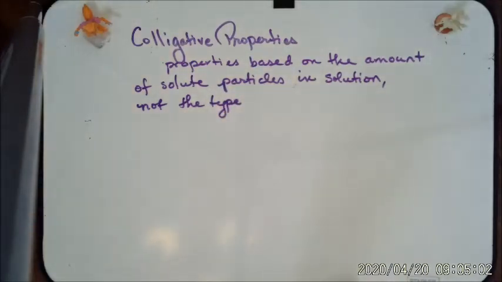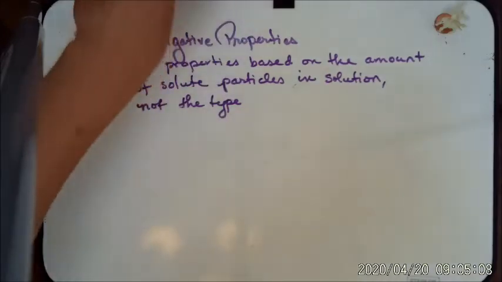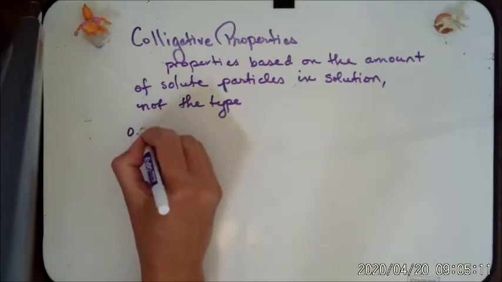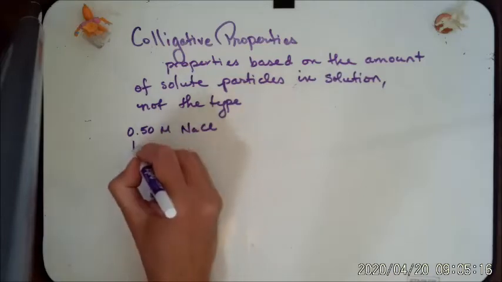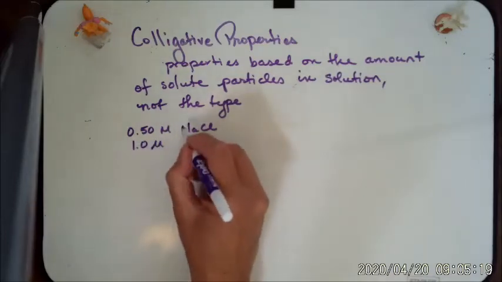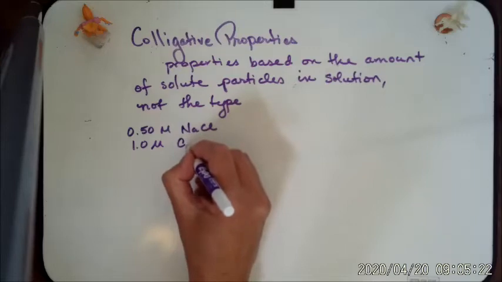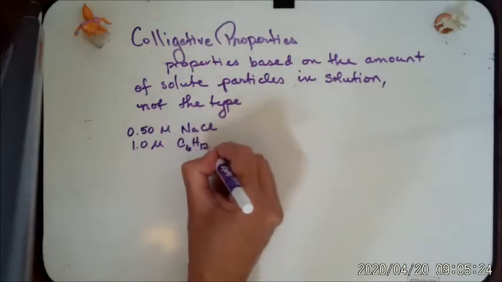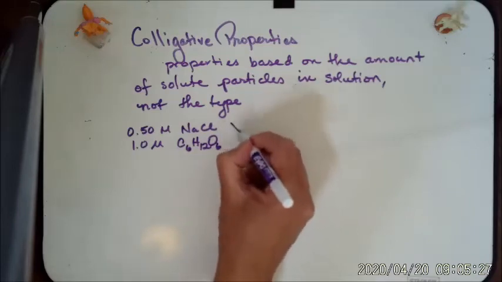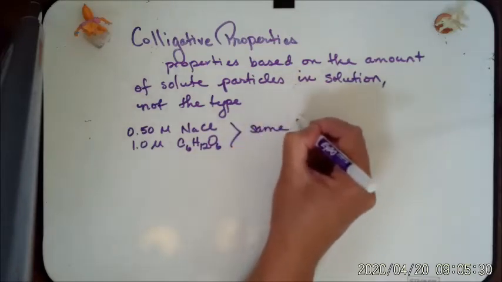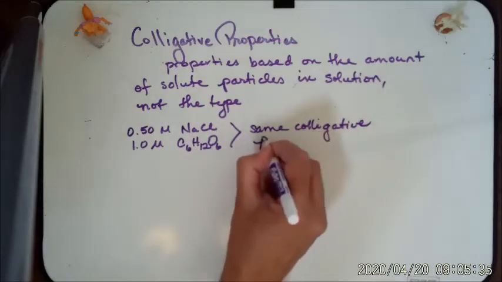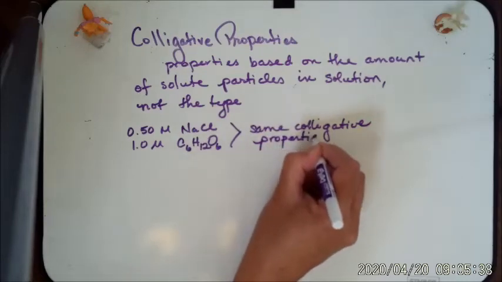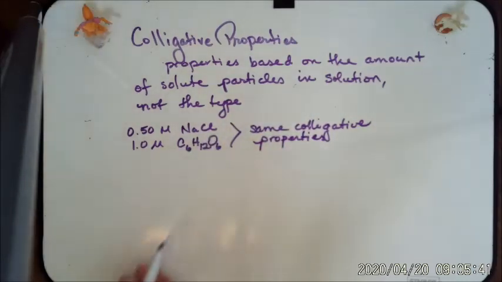Okay, so basically, if I had a 0.50 molar sodium chloride solution and a 1.0 molar, let's say, sucrose solution, let's make it glucose, they will have the same colligative properties, even though this is ionic and this is molecular.